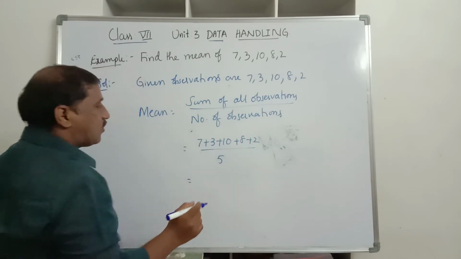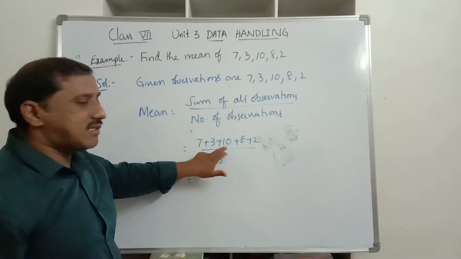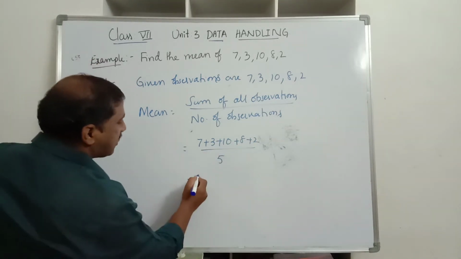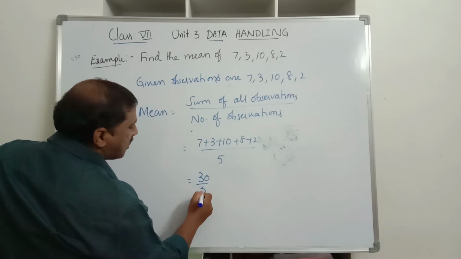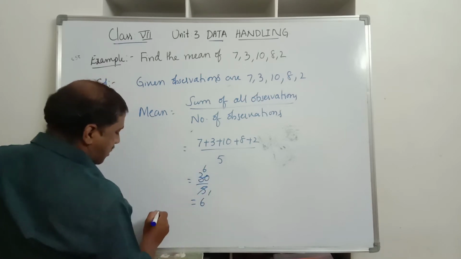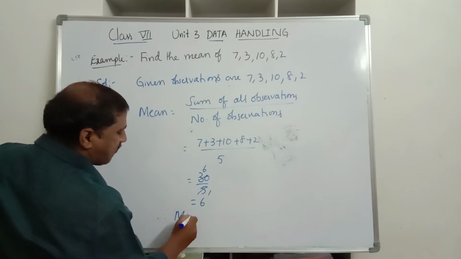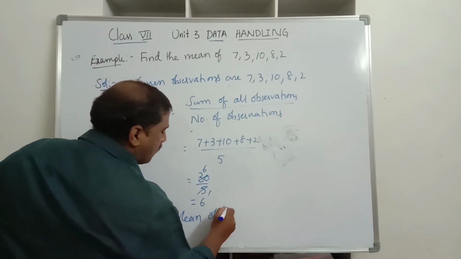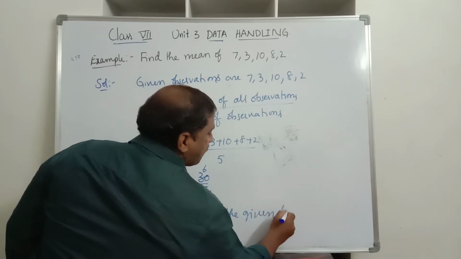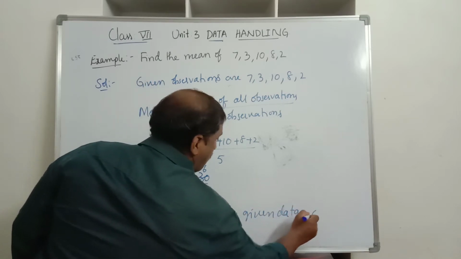That is 7 plus 3 is 10, 10 plus 10 is 20, 20 plus 8 is 28, 28 plus 2 is 30. 30 by 5, that is 5 sixes are 30, that is 6. Therefore the mean of the given data is equal to 6.